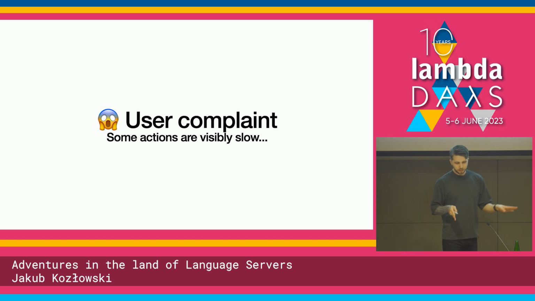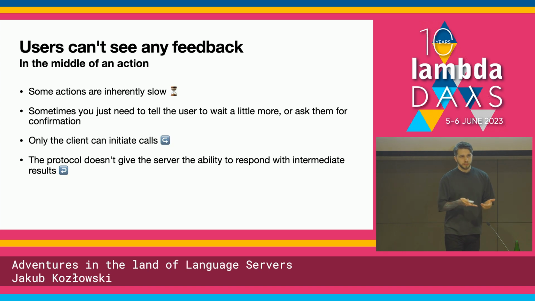Now, this is a general problem that we probably cannot handle in a general way, but what we can do is give users some feedback so that they know that they should wait just a little bit more, or maybe that we had some sort of error, or we are waiting for the network to come back up. So we want some way to give users feedback in the middle of an action, because the action is just slow.